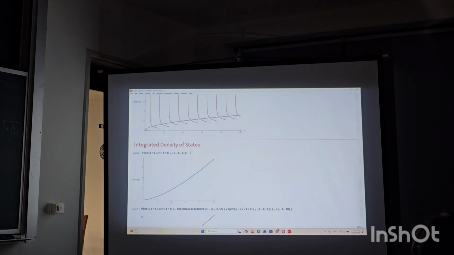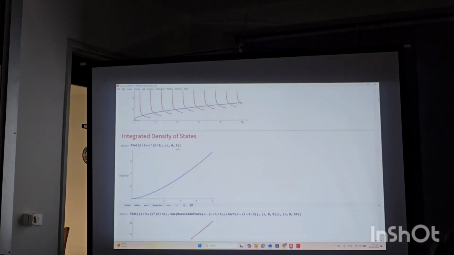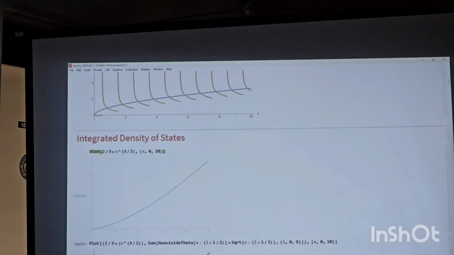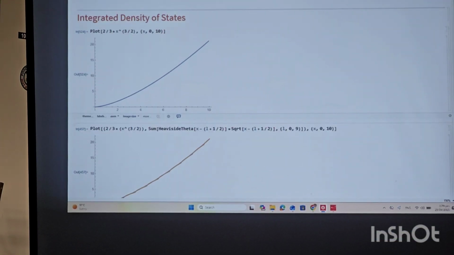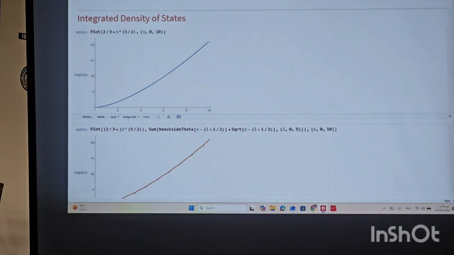So I'm ignoring the common factors in both, just a coefficient. So this is the integrated density of states in the absence of a magnetic field. Got it? It's a positive going function. It's actually convex.